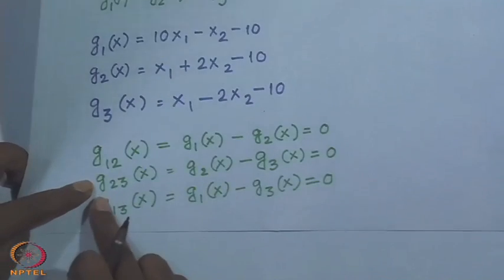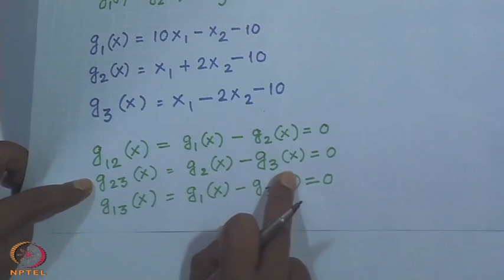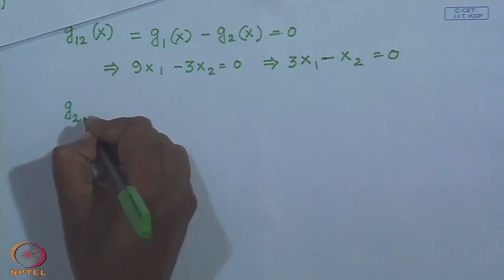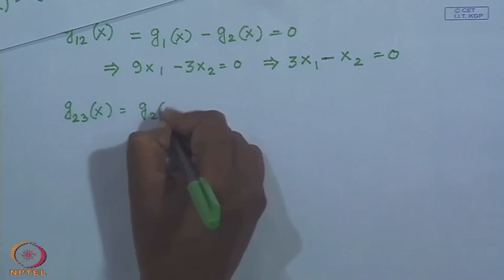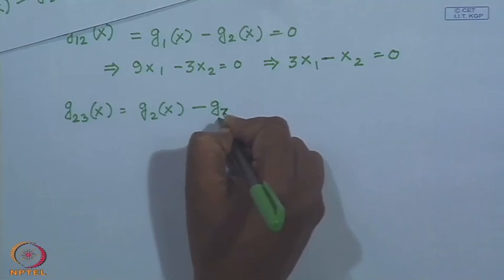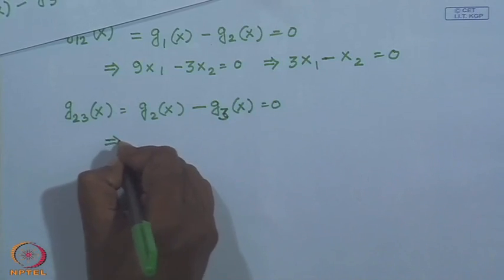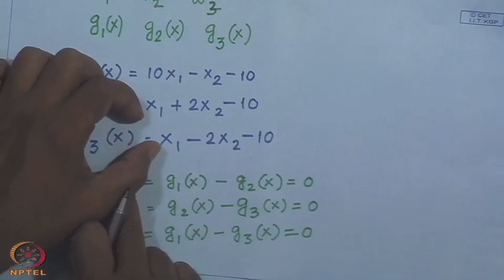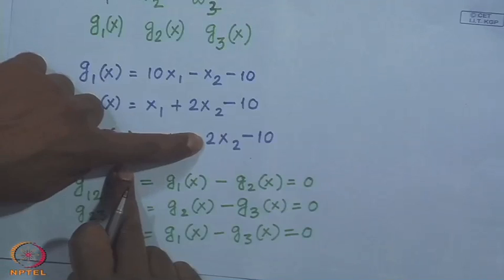Similarly, when I compute g23x, which is nothing but g2x minus g3x, you find that the x1 term gets cancelled and it simply becomes 4x2 equal to 0.